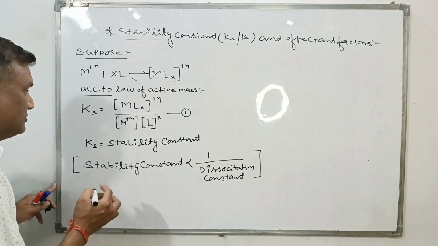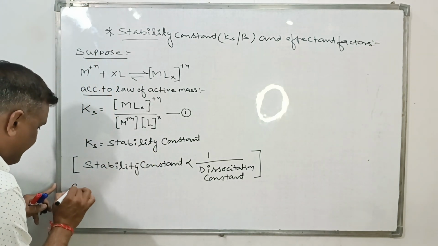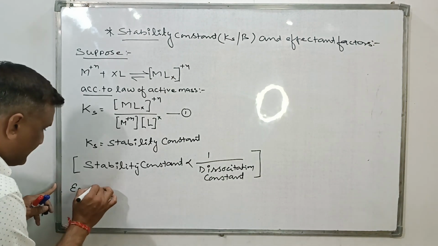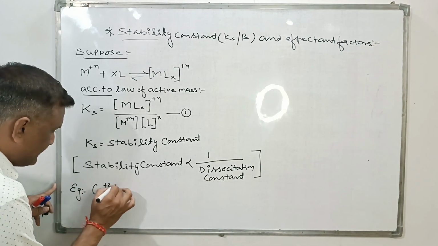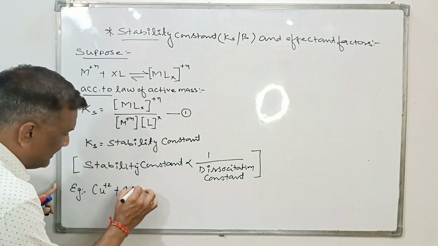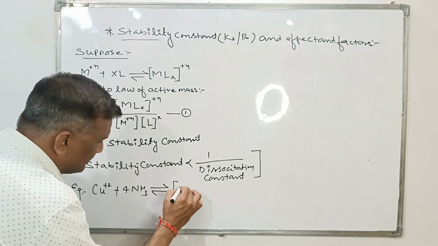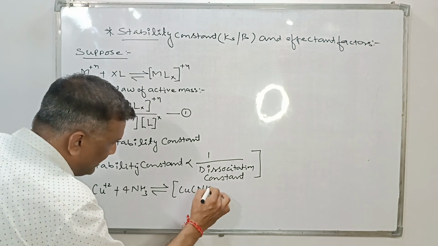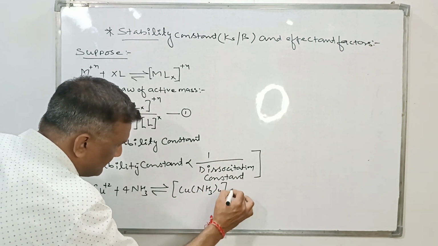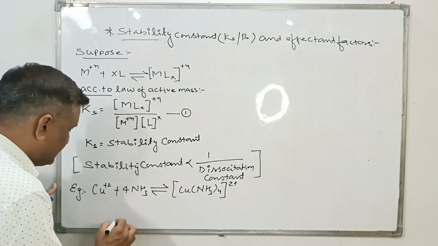Now as an example, suppose there is Cu plus 2. It reacts with 4 NH3 to give Cu(NH3)4 2 plus.